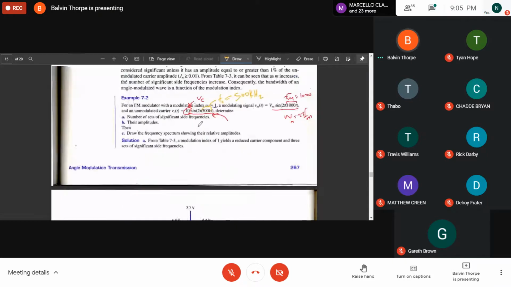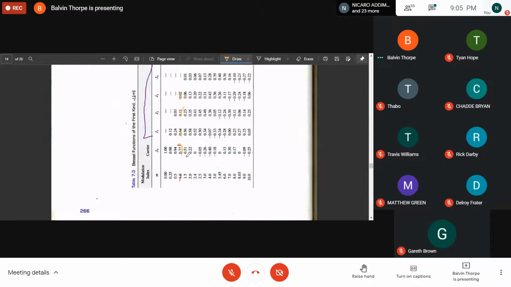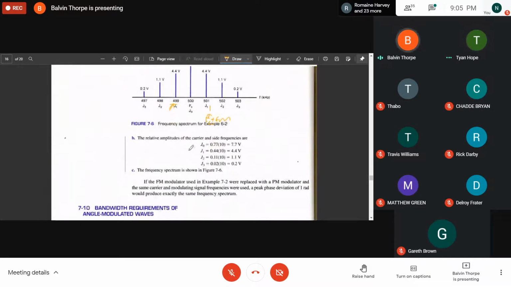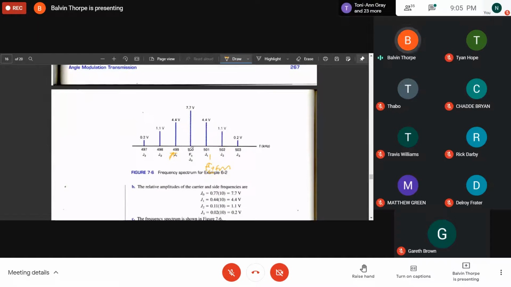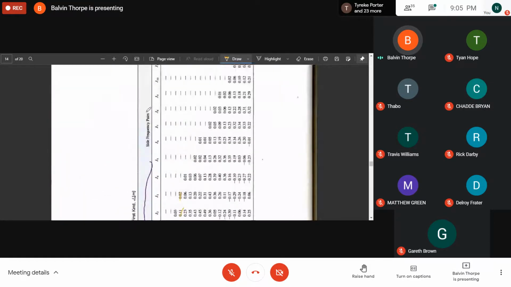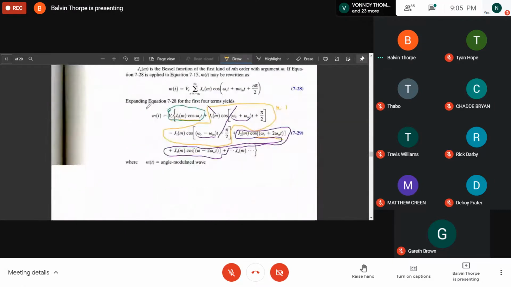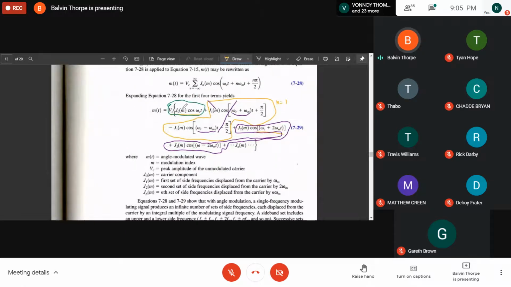But what's going to be their amplitude? Look back at the table: for a modulation index of 1, the J1 value reduces the carrier to 0.44 of what the carrier value was. So it's 0.44 times 10. Remember, VC from our expression is outside of everything in the bracket.